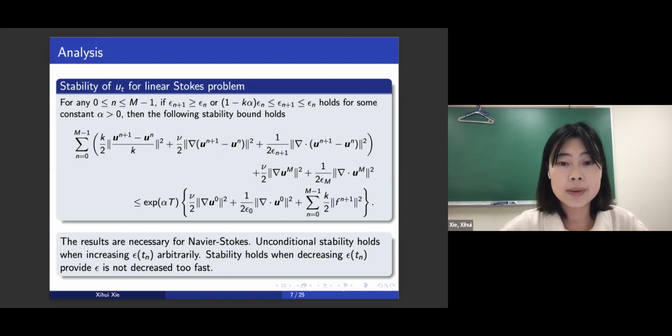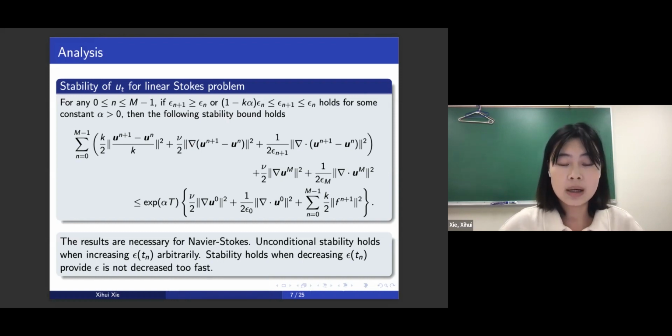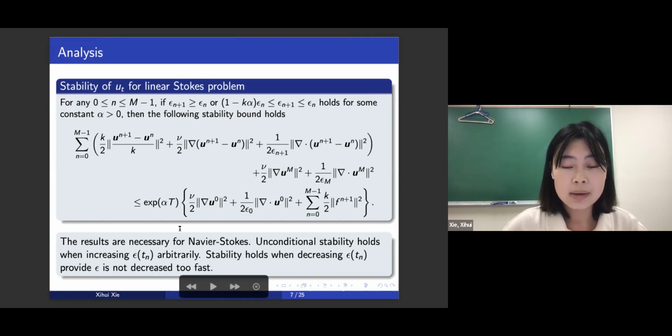So this is a zero stability result for U_t. If we increase epsilon, or if we decrease it according to this relation for some alpha larger than 0, then we will have this stability bound. I need to mention that if throughout the whole time epsilon is only increasing, then we will have the unconditional stability bounds.